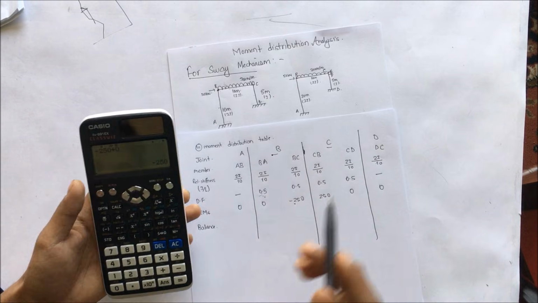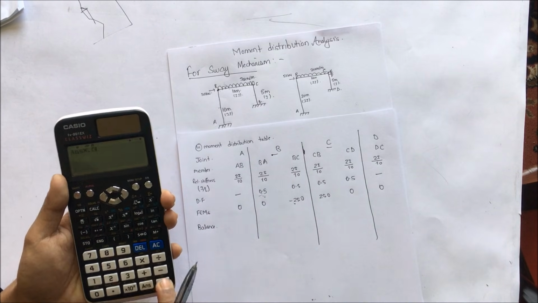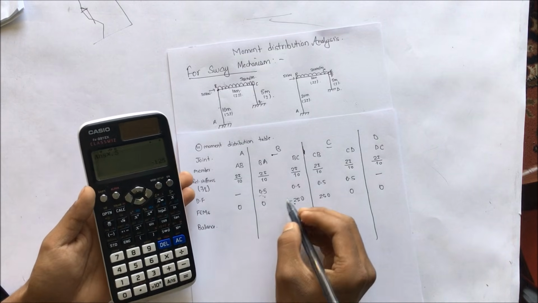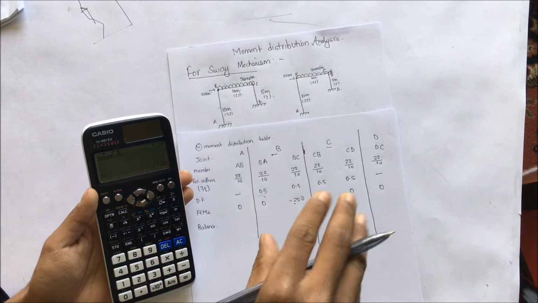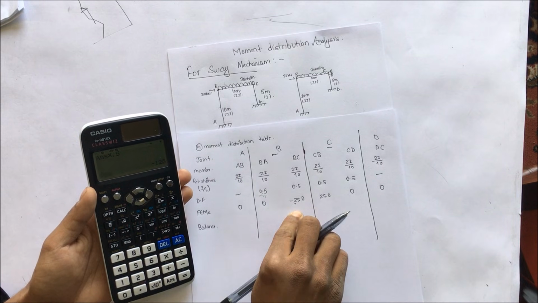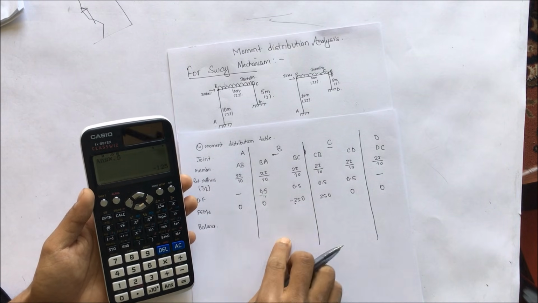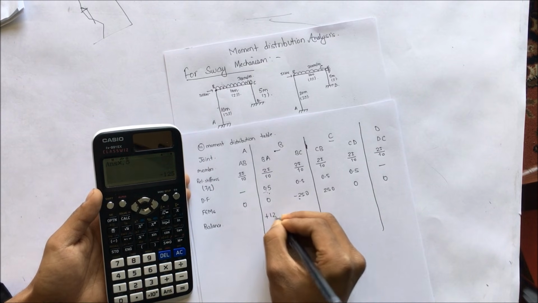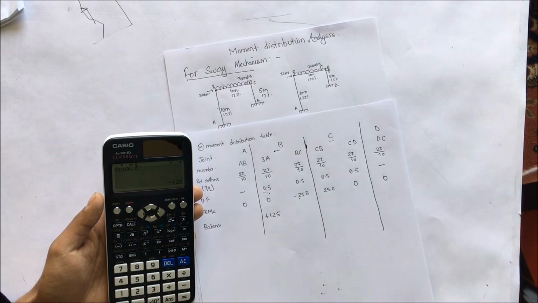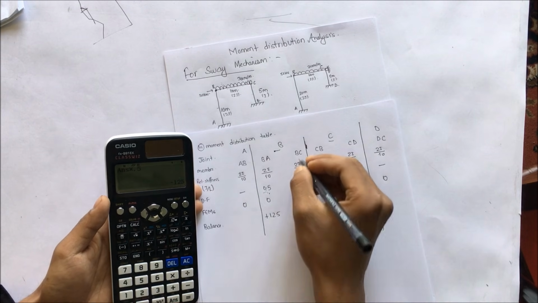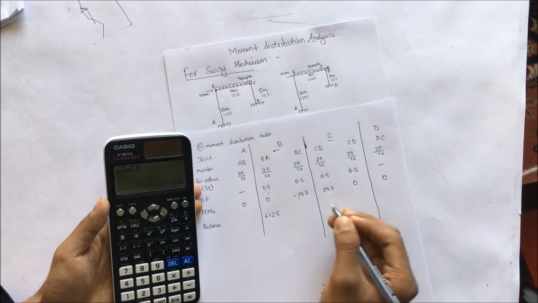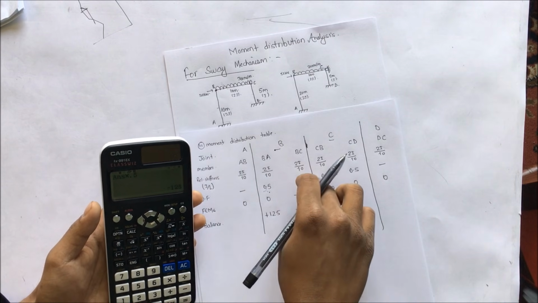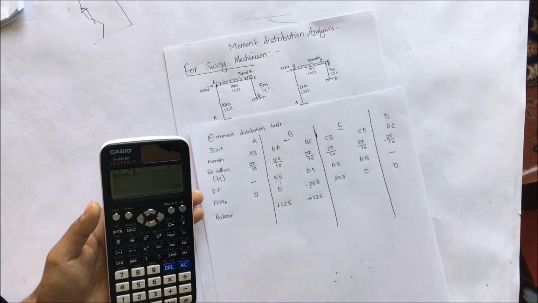So for BA, 250 into 0.5 becomes 125. As the overall moment at point B is minus 250, this has to be balanced by positive 125. So the member BC is also plus 125, because the distribution factor is also 0.5.